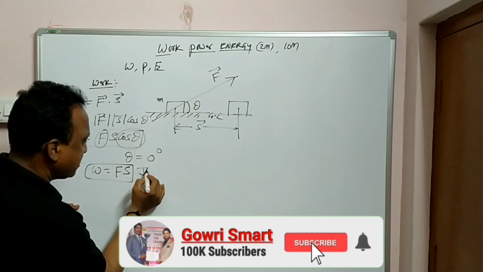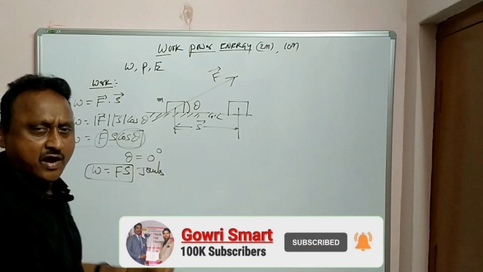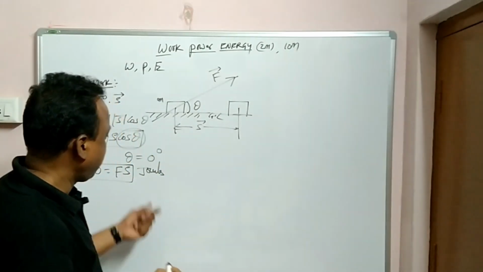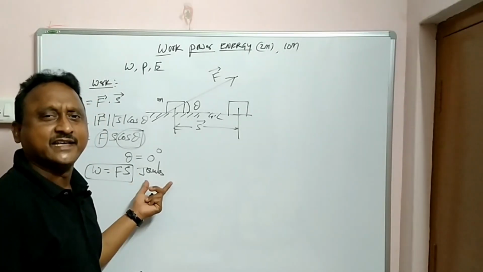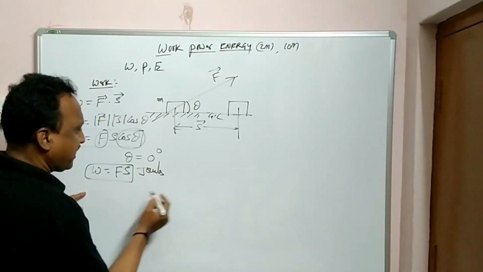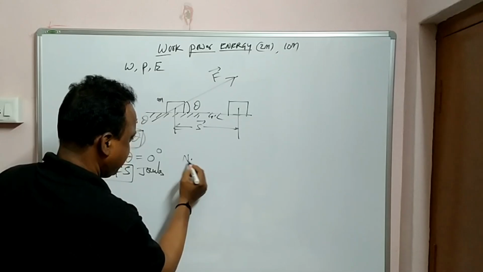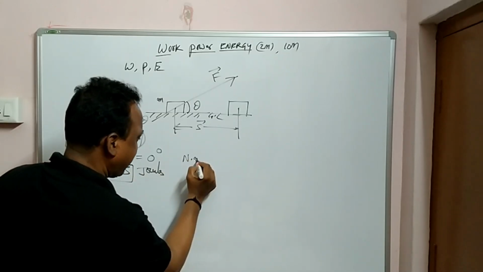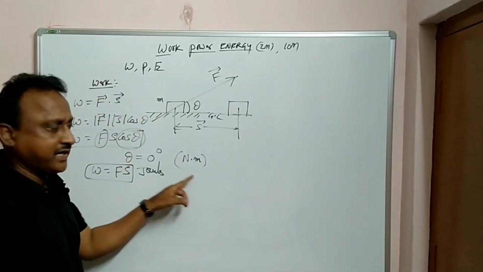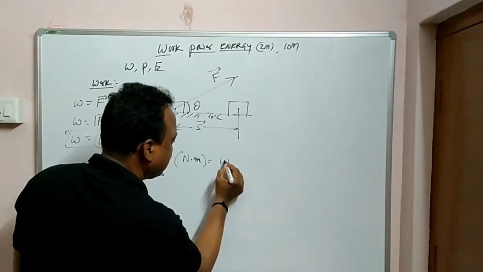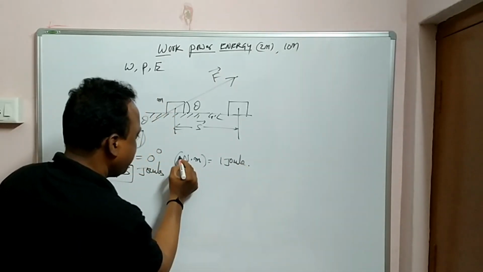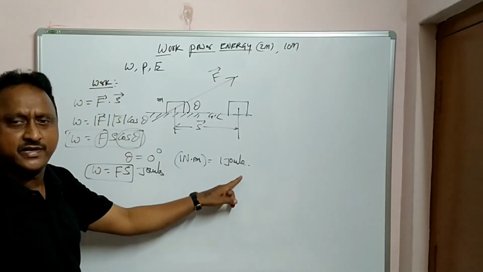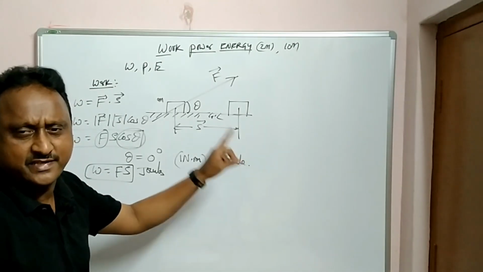And the unit is joules, which is named after the scientist Prescott Joule. Joule is the SI unit. Because we already know force is in newtons, displacement in meters, so Newton meter is also equal to 1 joule. 1 Newton into 1 meter is also equal to 1 joule. This you can call it as MKS or SI unit.